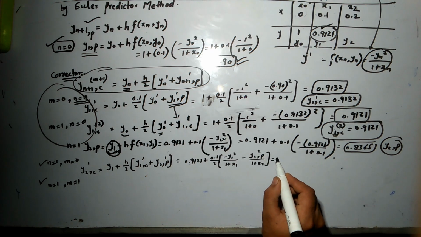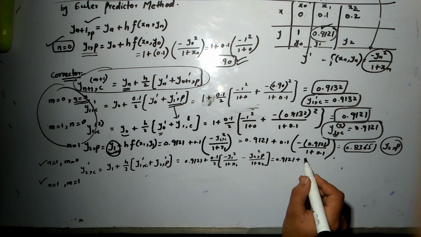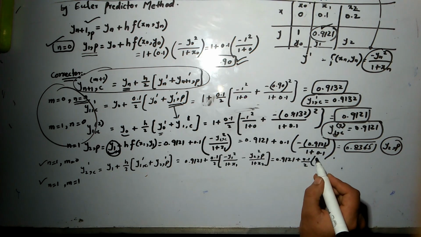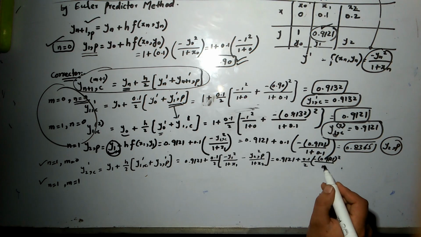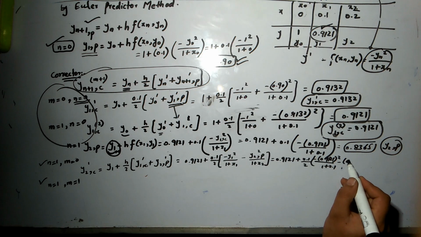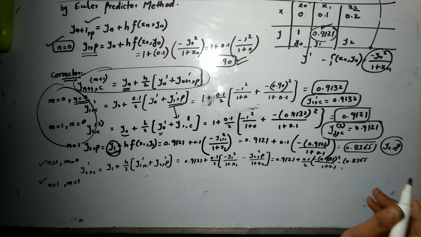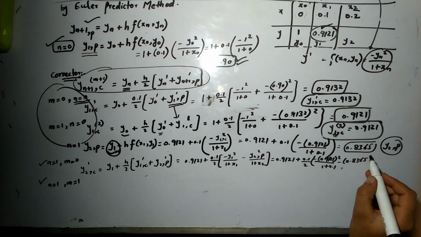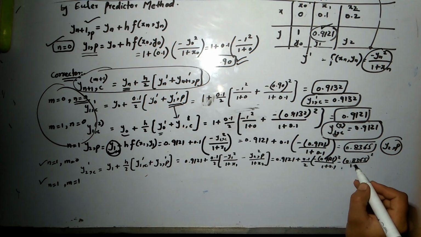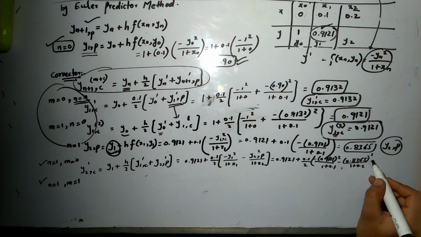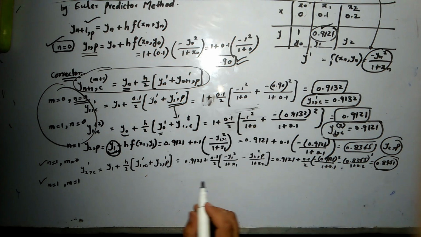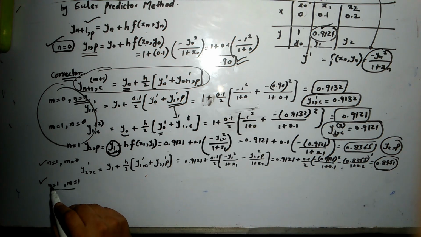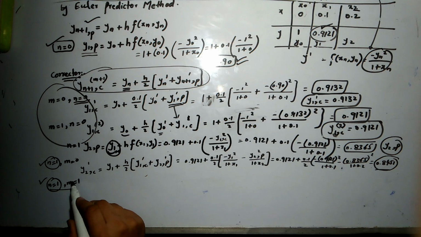After putting values, this will become 0.9121 plus 0.1 over 2 times minus 0.9121 squared over 1 plus 0.1, minus 0.8365 squared over 1 plus 0.2. So this will become 0.8451.